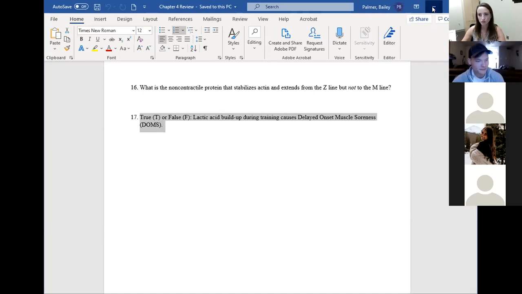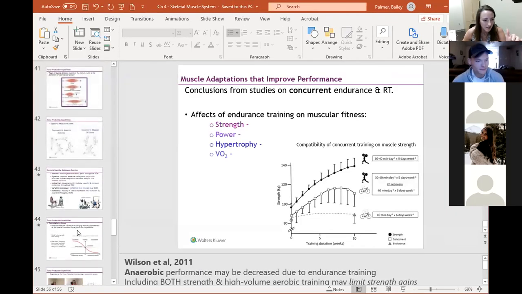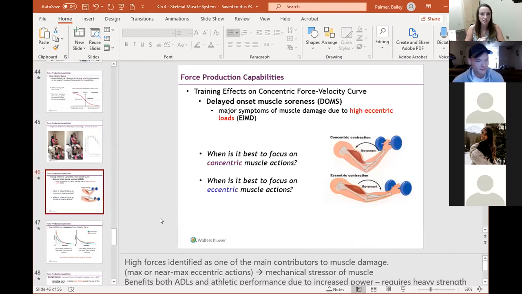It's due to eccentric actions, eccentric type training. So high muscle damage, eccentric. It's not due to acidity buildup in the muscle. So that's one thing that I didn't talk about, but you should probably already know.